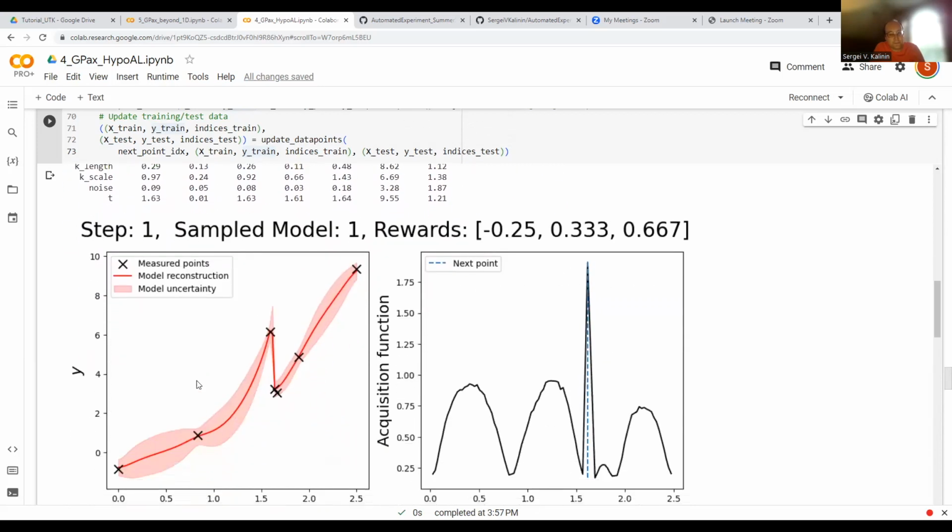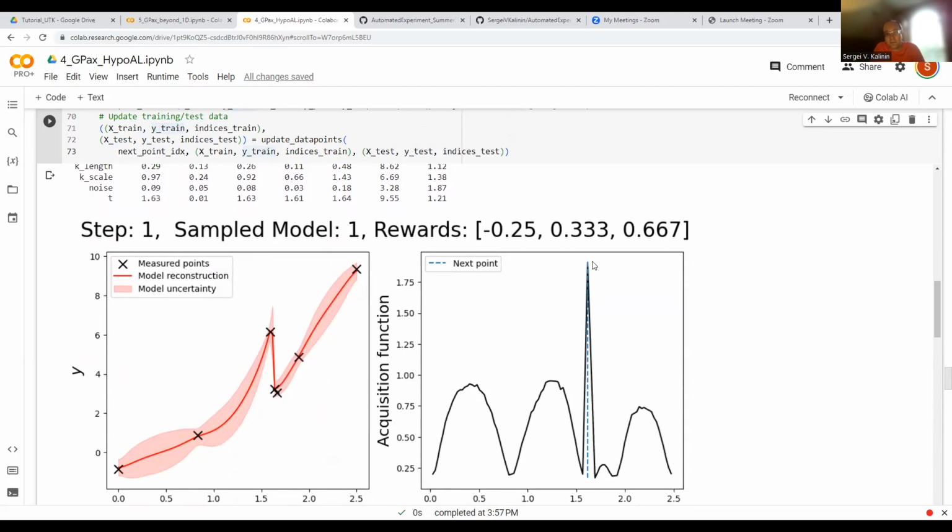So see what happens. These are our measured points: 1, 2, 3, 4, 5, 6, 7. The red line is the reconstruction. The pink region is our uncertainty. And this is our acquisition function. You can see that model number 1 has a jump.